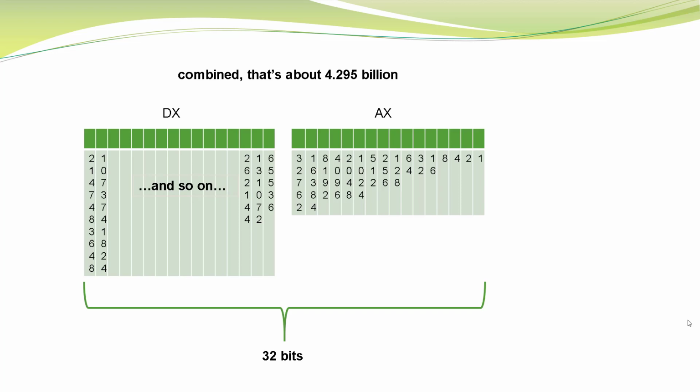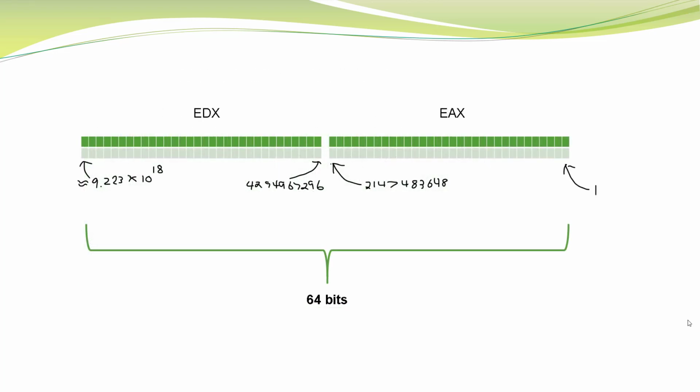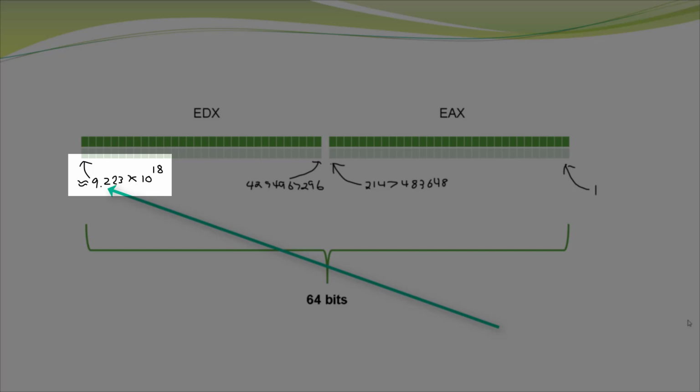And finally, if I combine the EAX register, which is 32 bits, with the EDX register, which is also 32 bits, I'd have 64 bits of storage space. Notice at the far right end, the least significant bit of the EAX register is the ones column. And the far left bit of the EDX register stands for this huge number right here.